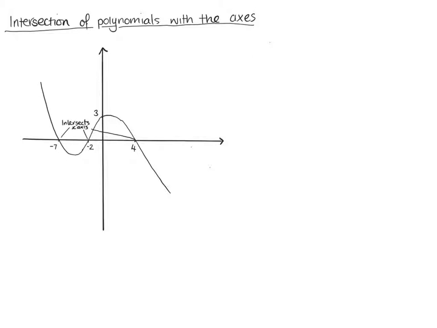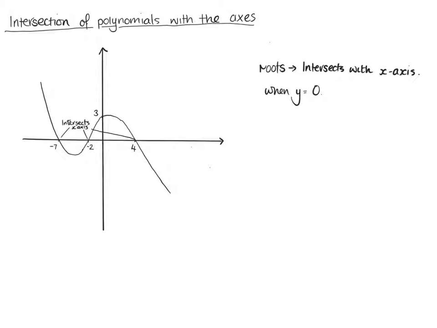From National 5, we should know that roots are what we call where it intersects with the x-axis, okay? And these are found when y equals 0. It's how you find roots. Set y equal to 0. And this is why we're factorizing, because this gives us our roots.